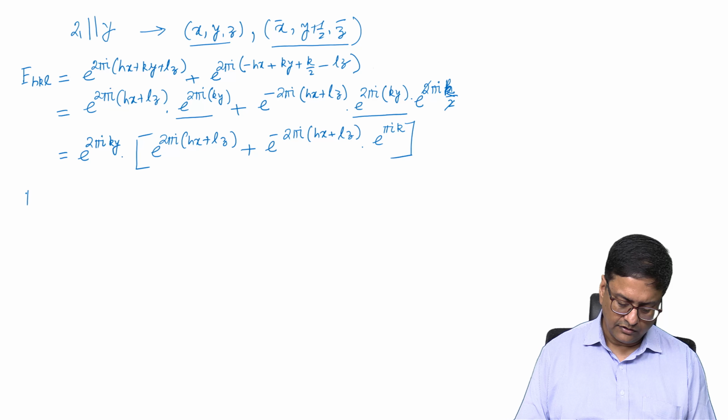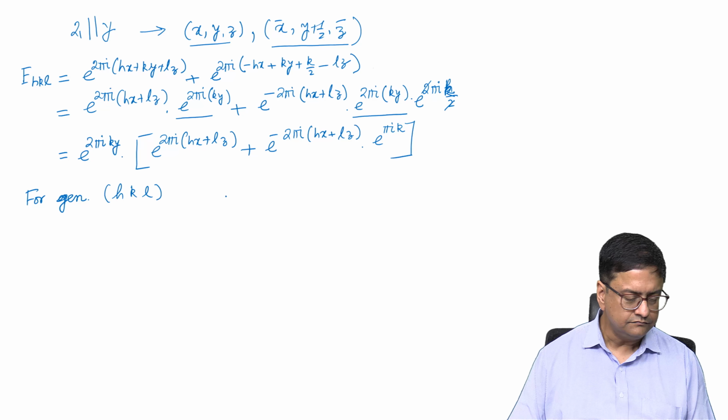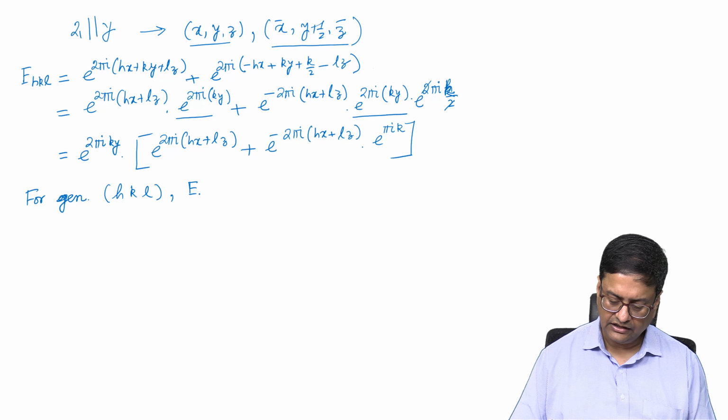So, now for a general set of reflections hkl, E(hkl) is not 0.